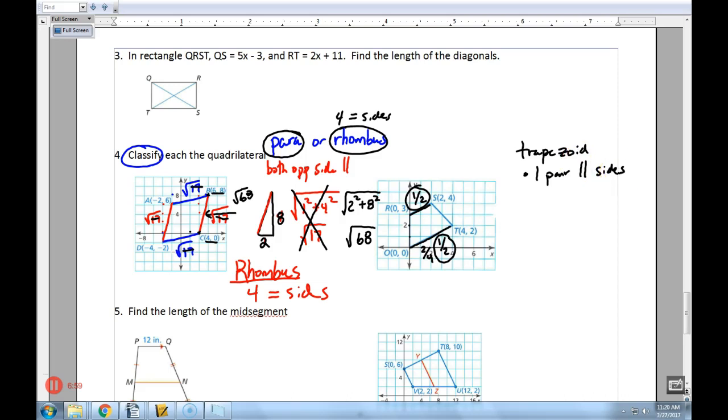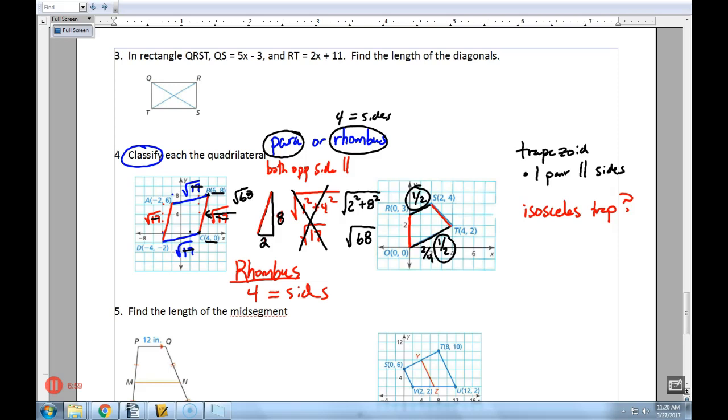Now I can just visually see, this side has an undefined slope, this side has a negative slope, so I know it's not a parallelogram. They have different slopes. Now the only other question is, is it an isosceles trapezoid? So now I have to ask myself this question. It might be more than just a trapezoid. Kind of looks like it is.